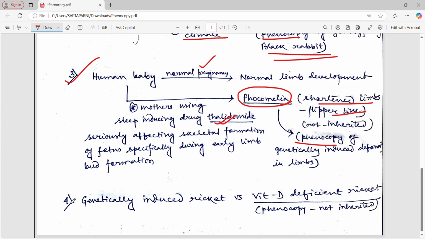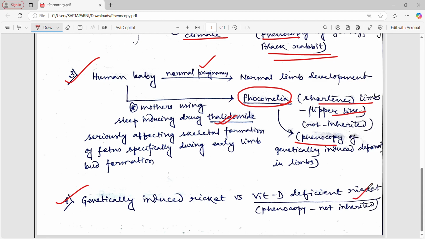And last but not the least, genetically induced rickets versus vitamin D deficient rickets. Genetically induced rickets occurs due to mutation in some genes. But when for a longer time you consume vitamin D deficient food, or you have a deficiency in vitamin D, then also rickets can be observed.